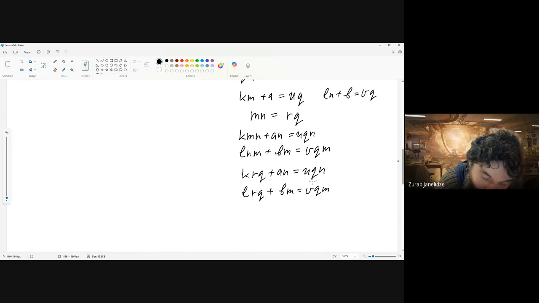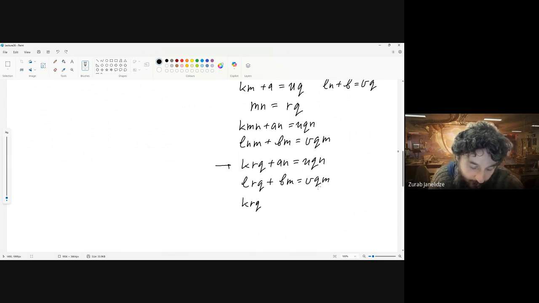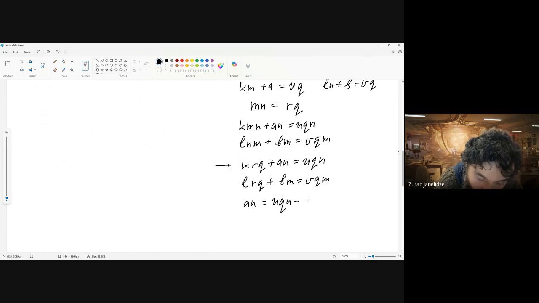And now this equation here gives us that KRQ minus UQN equals AN, right? No, sorry, the other way around. It gives us that AN equals UQN minus KRQ, and BM equals VQM minus LRQ, right?